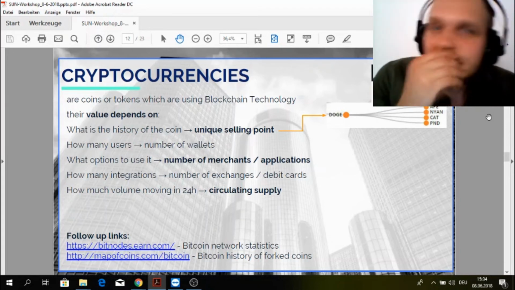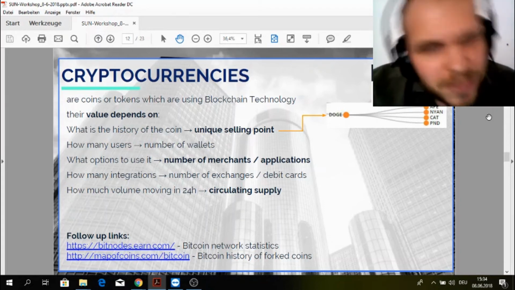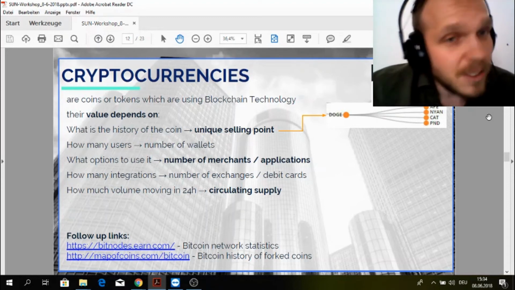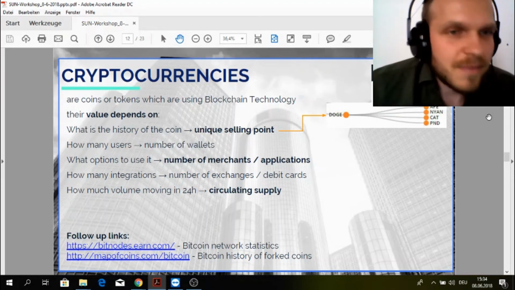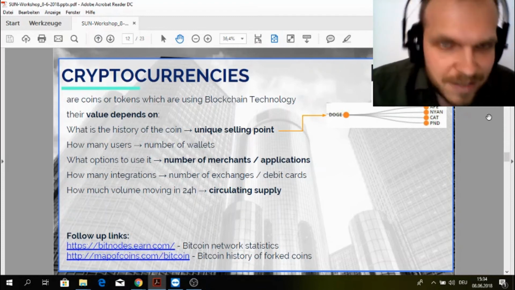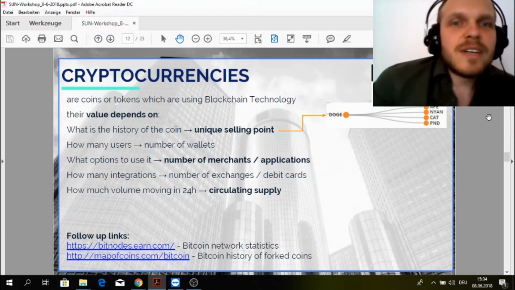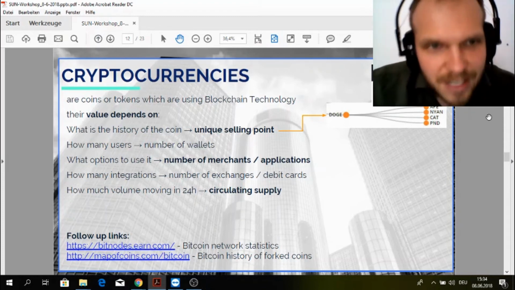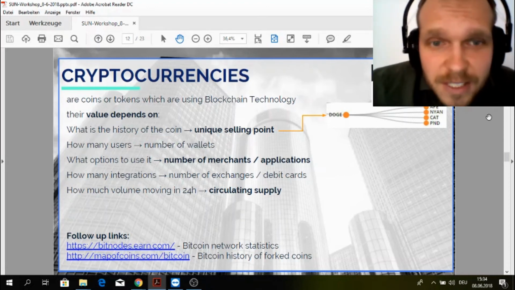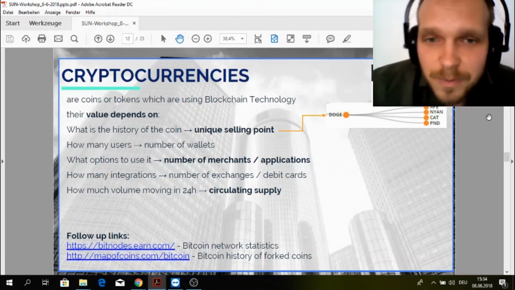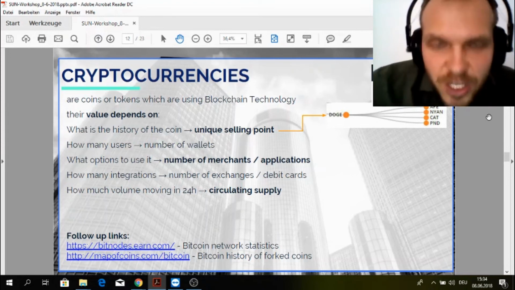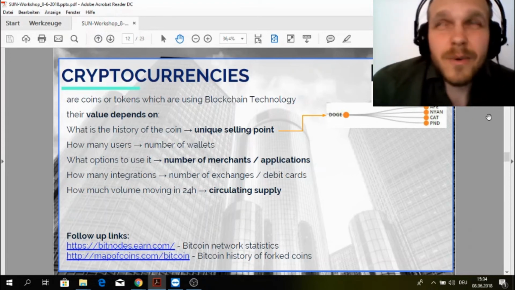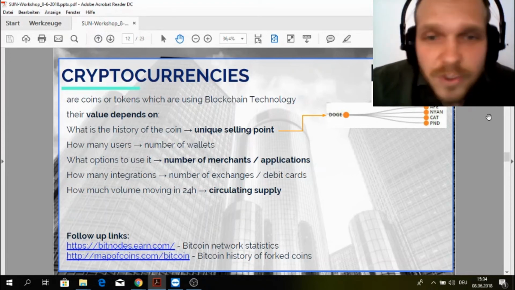right now. So you may wonder why Bitcoin, for example, has a value where one Bitcoin is above 6,000 US dollars or above 7,000 US dollars. It depends on, as I wrote here, how many users are using it and how much is the circulating supply. For example, in ZenCash, we have a circulating supply of roughly 2 million US dollars right now.